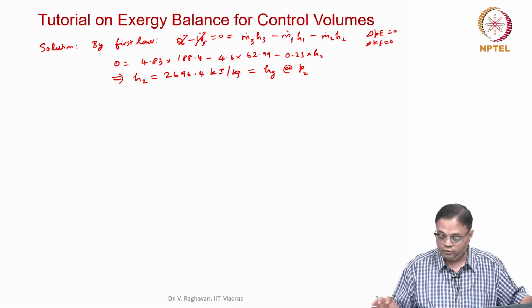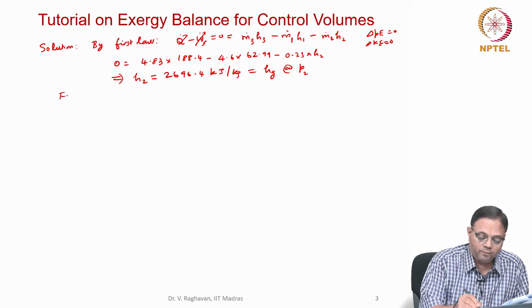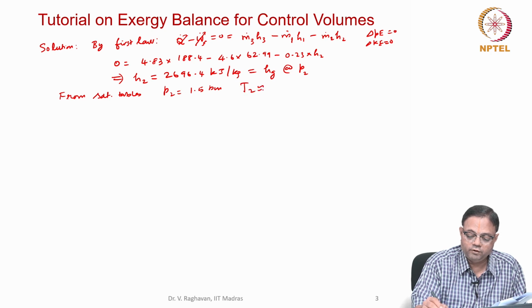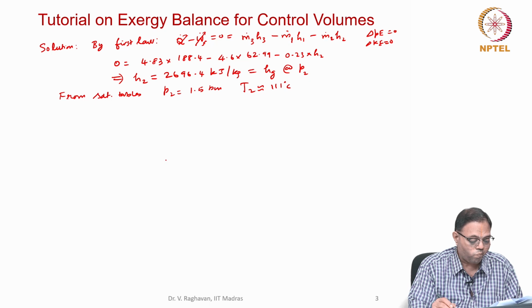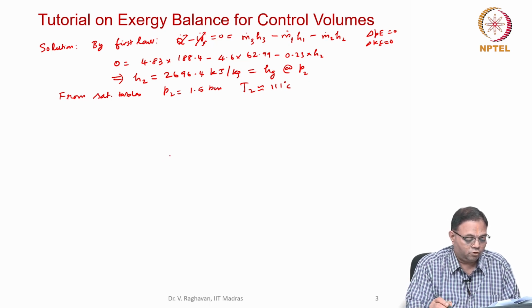So go back to solution. From saturation tables, P2 is found as 1.5 bar and T2 is 111 degrees centigrade. Okay, so that's what we get.